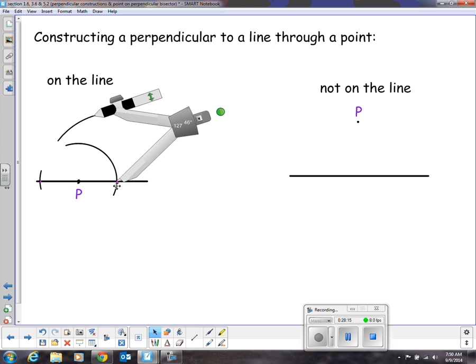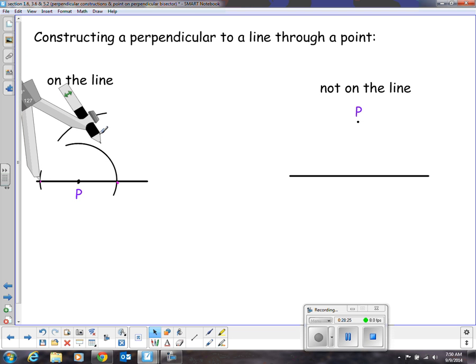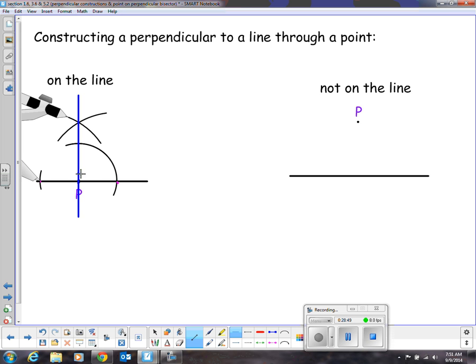We put our compass point on the right endpoint, and now we're going to put our compass point on the left endpoint. The goal there is to intersect the arc you just drew. So now you're going to connect P with this point of intersection. Now this is not a bisector. What we do know about this is that this line is perpendicular to the other line at P.